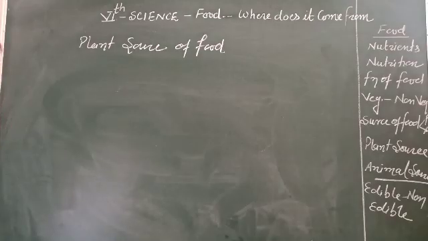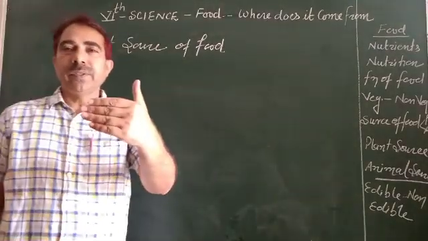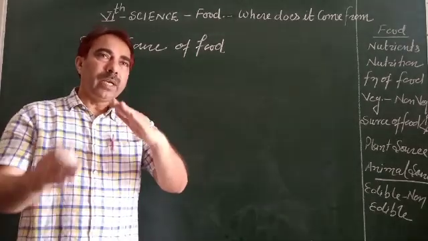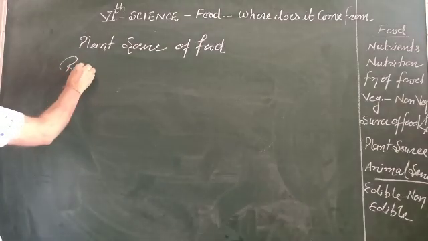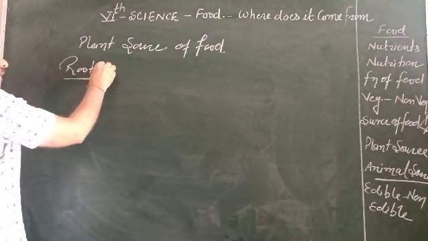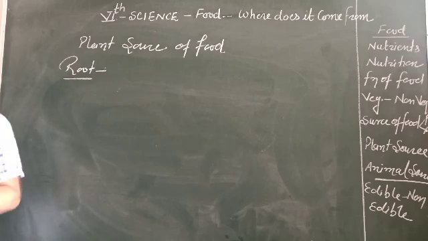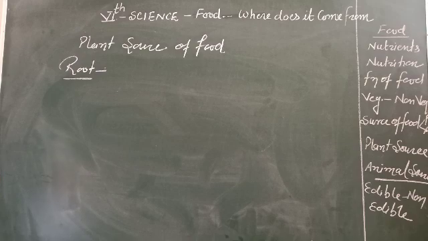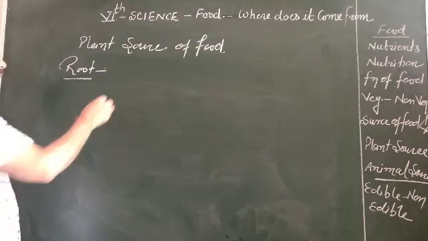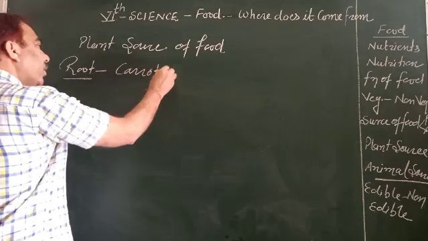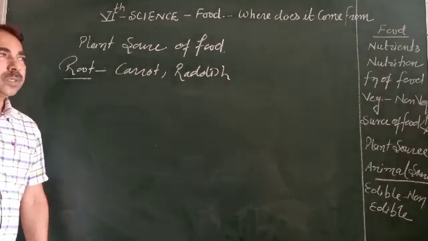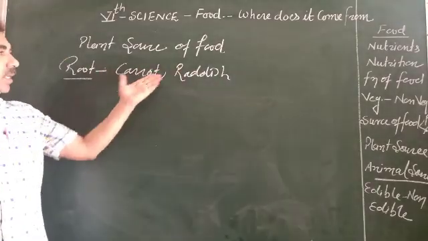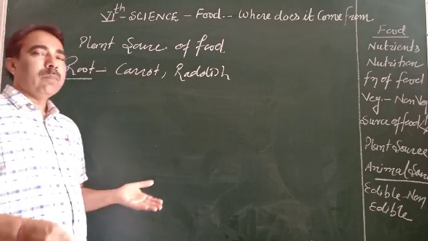Different parts of plants are used as food. We will discuss them all, but in brief. Roots. Roots of some plants are generally eaten by people. For example, carrot, turnip, radish. Many more are there. Carrot and radish are examples of roots, or you can call them modified roots.